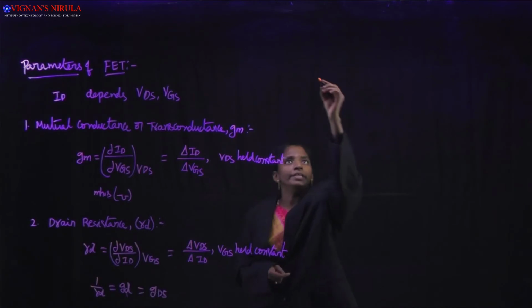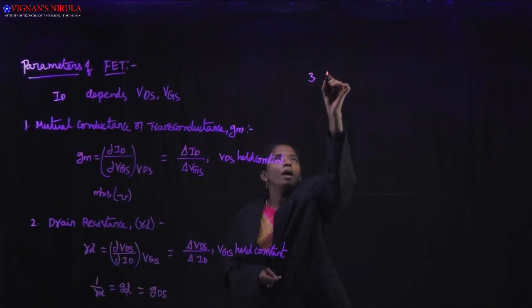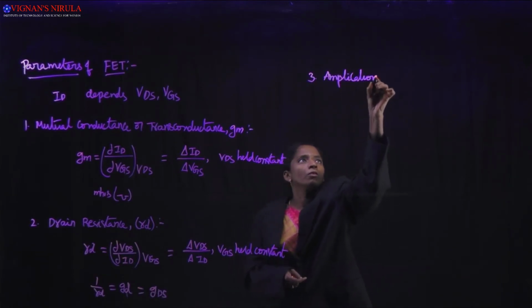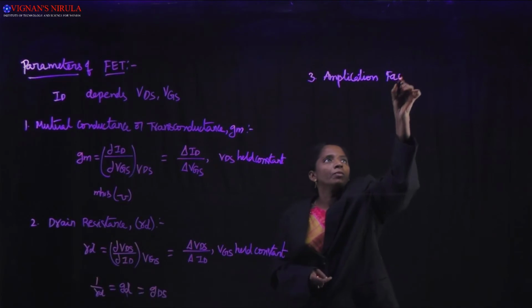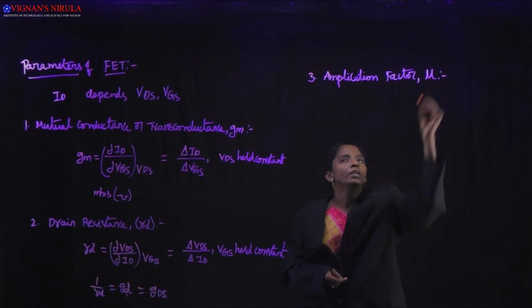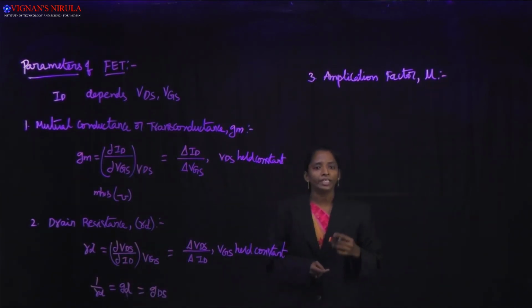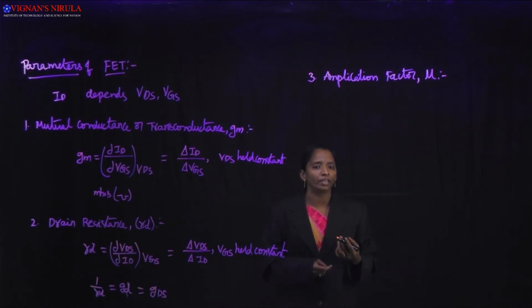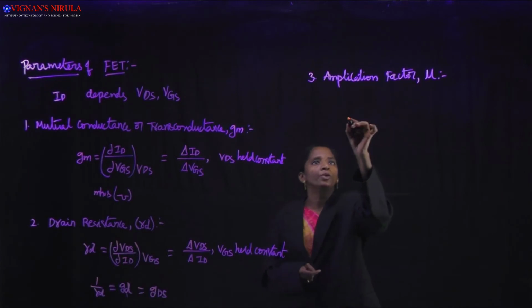And the third one is the amplification factor, represented with mu. In a bipolar junction transistor we have a current amplification factor, but in a field effect transistor we have a voltage amplification factor. It is the ratio of output voltage to input voltage. So mu is equal to minus the change in output voltage VDS divided by the corresponding change in input voltage VGS. Here we are keeping a negative sign because we are keeping the output current ID constant.